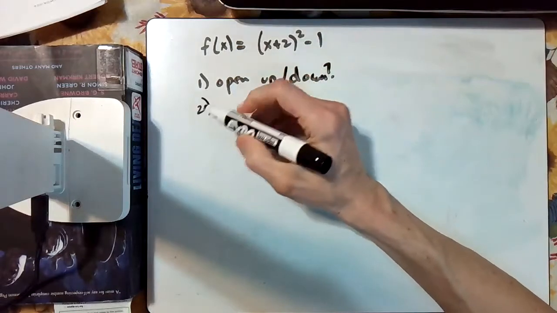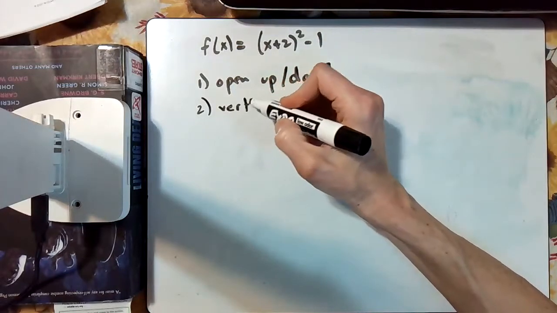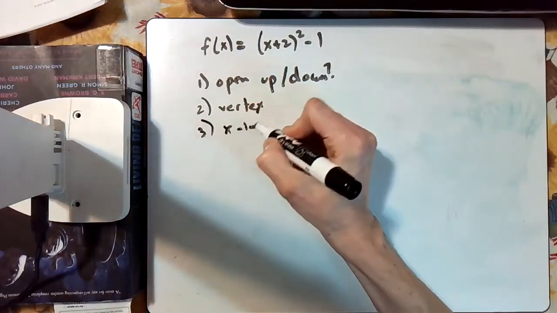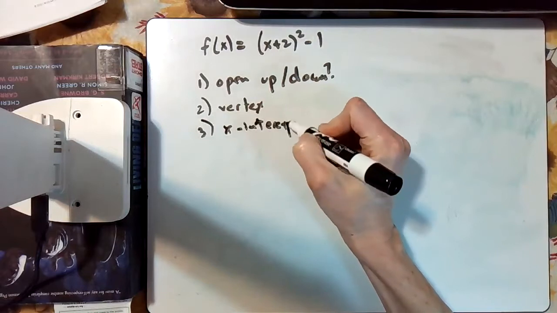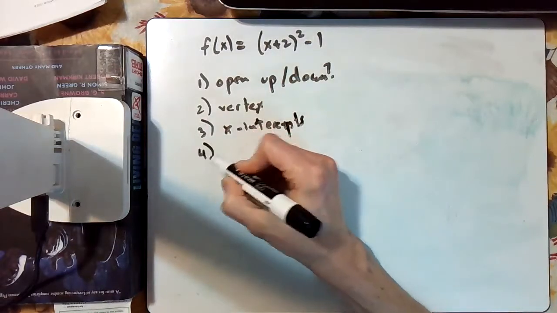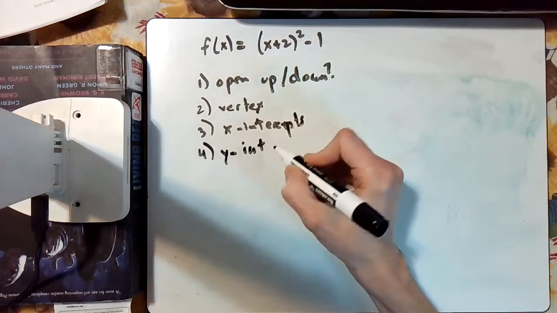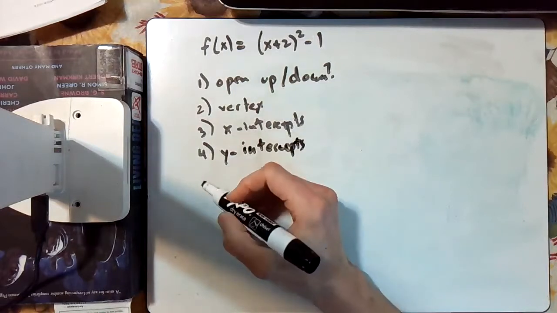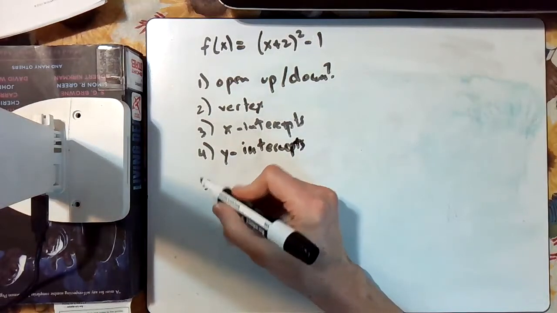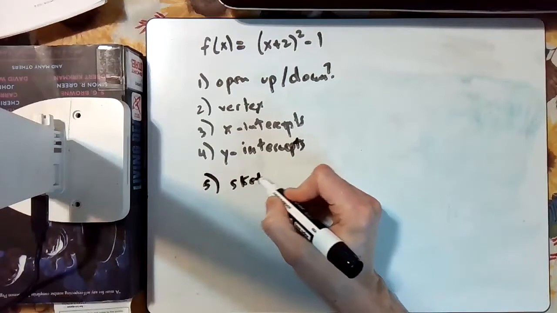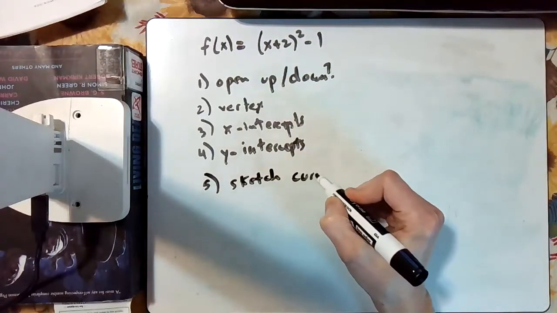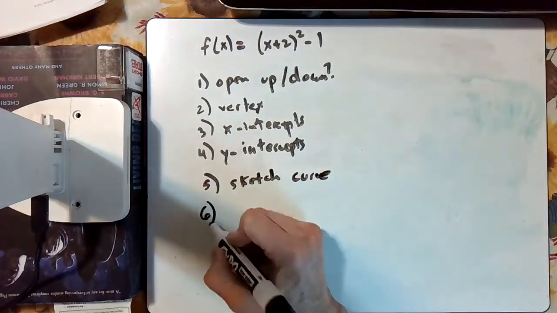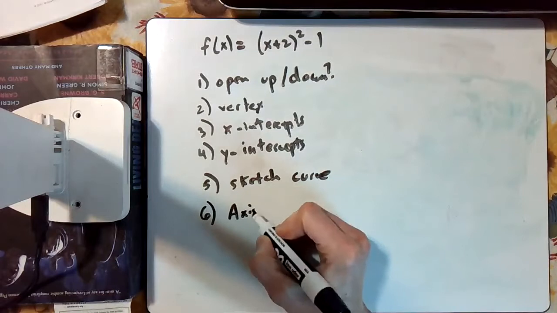Let's figure out the vertex. And then x-intercepts. Also y-intercepts. And then we'll sketch the function. We also want the axis of symmetry.